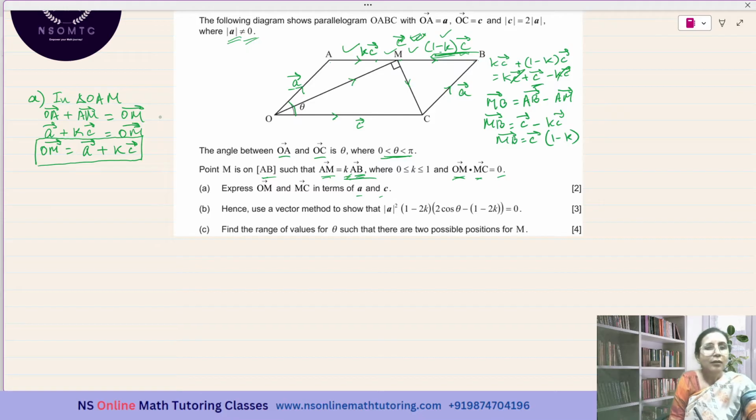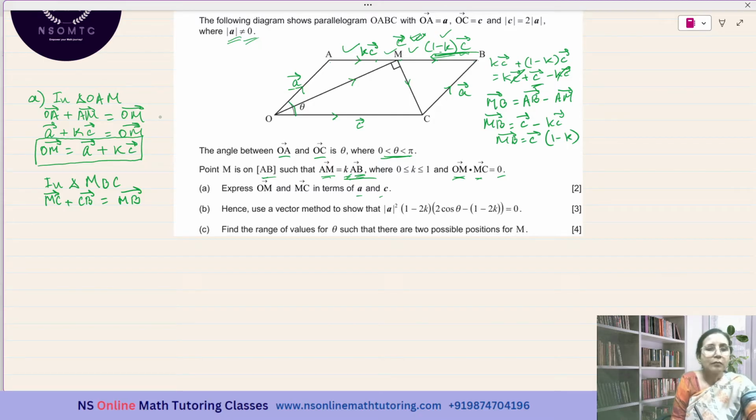So now I come to this part. I am taking the triangle MBC. So MC vector plus CB vector is equal to MB vector, by the triangle law of vector addition.